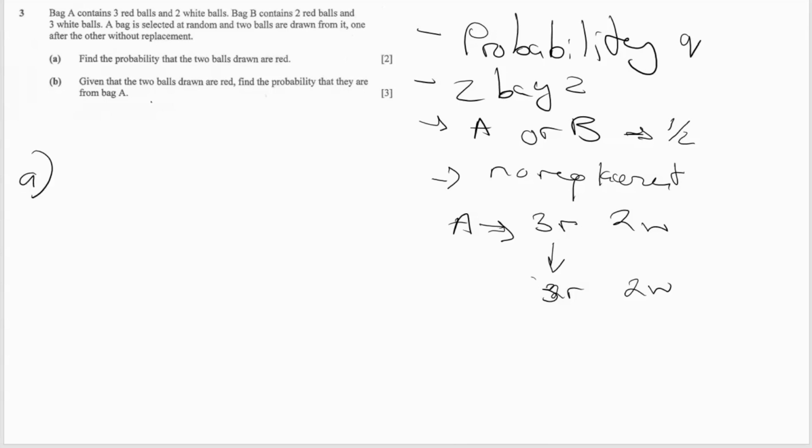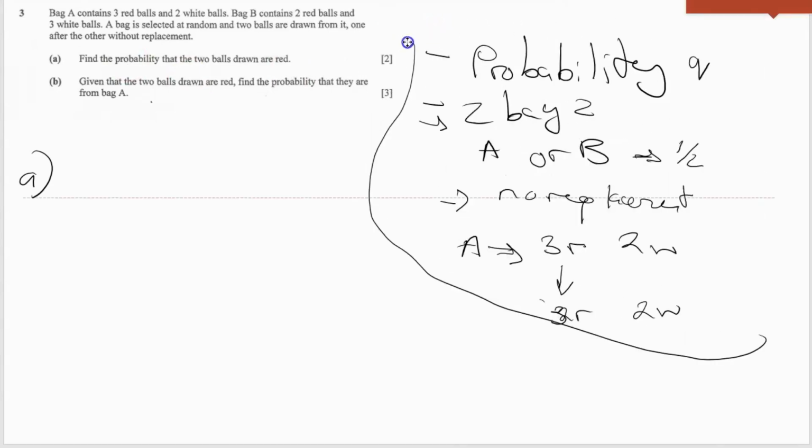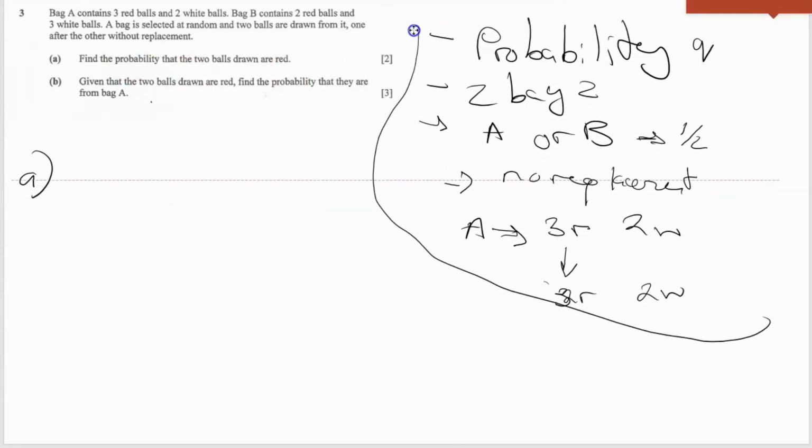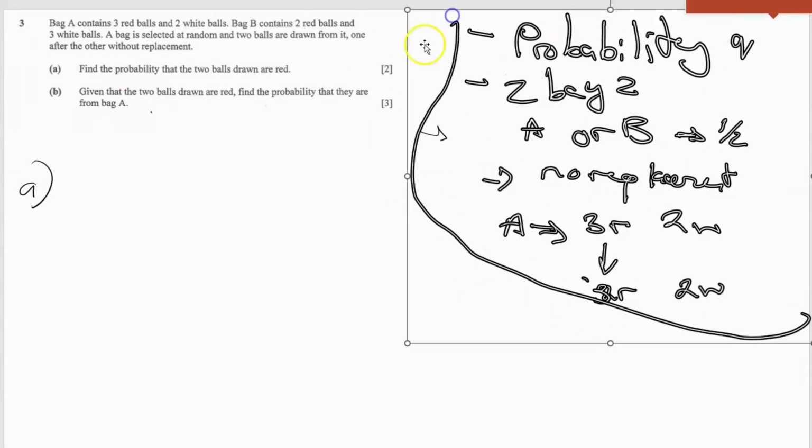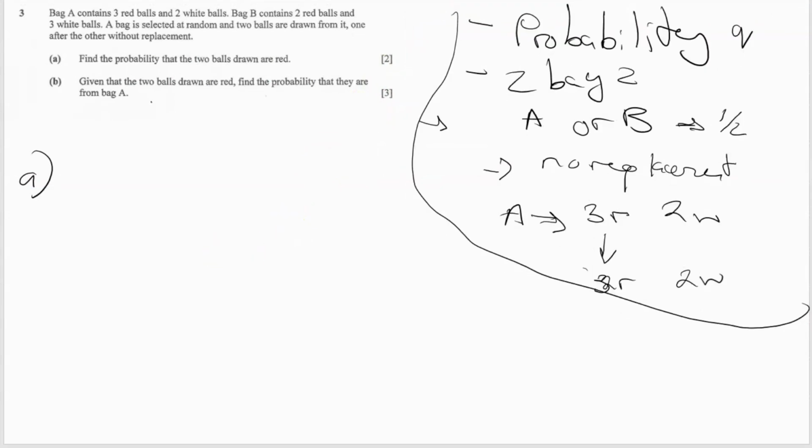So let's start with the first question here. Now that this is clear, let's do this. It says find the probability that the 2 balls drawn are red.